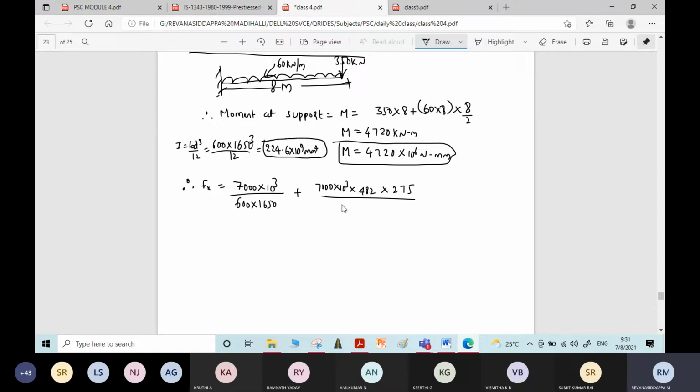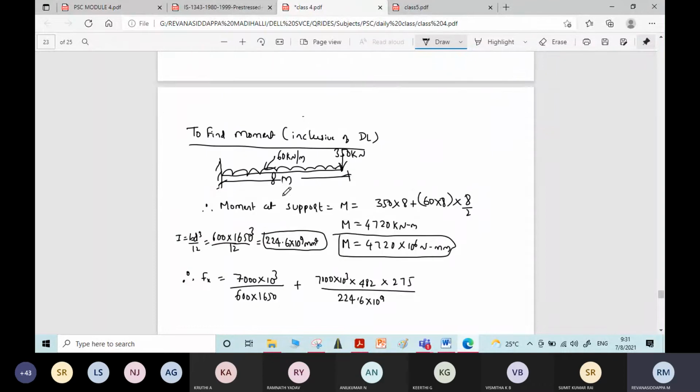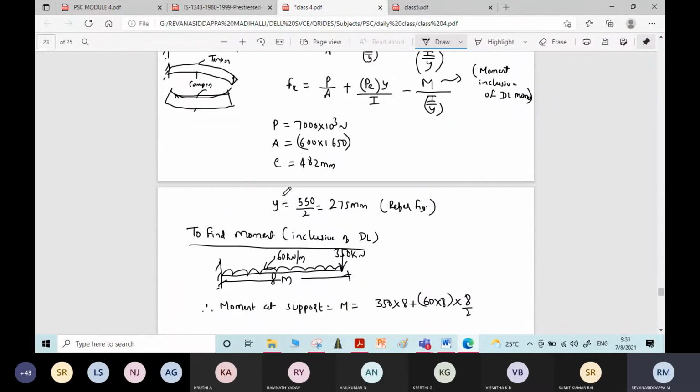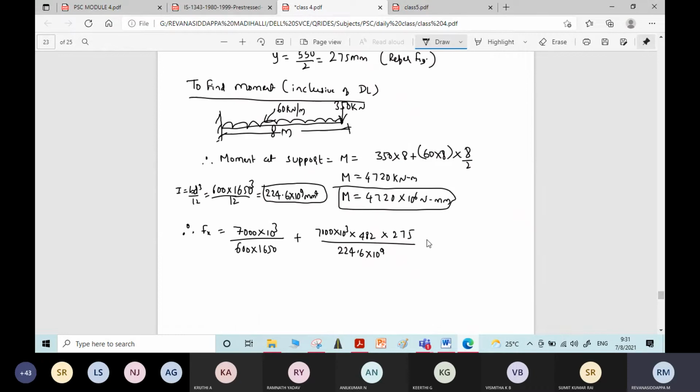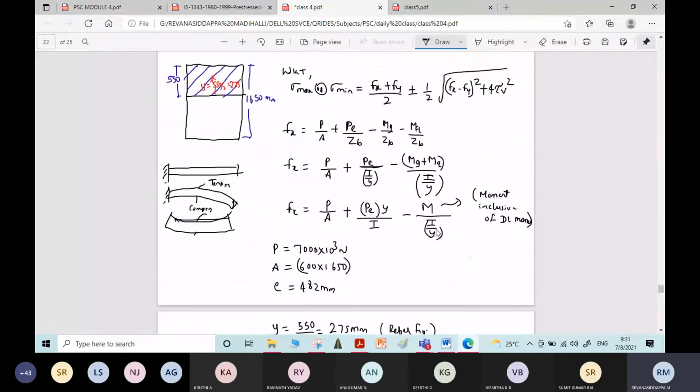Okay. So 224.6 into 10 power 9, minus M by I into y. Okay, y again you take to the numerator only.